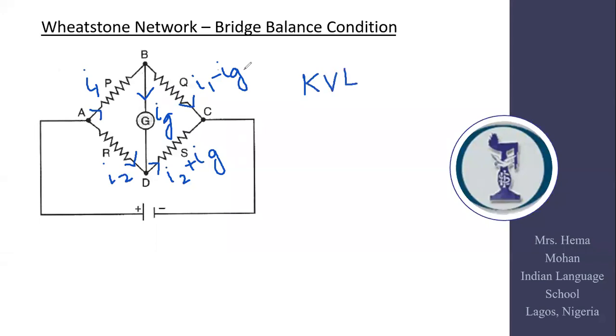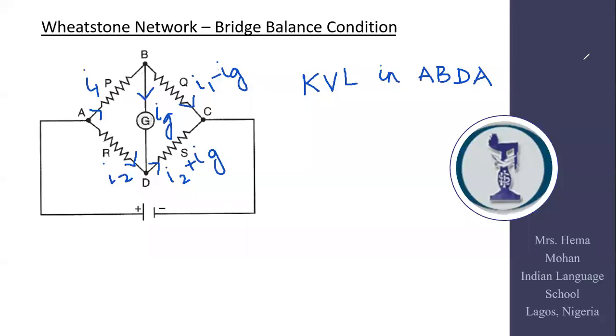KVL can be applied only in a loop. So let me apply KVL in loop A, B, D, A. If I apply KVL in A, B, D, A, the sum of the products of the currents and the resistances along with the EMF in the loop is going to be equal to 0.